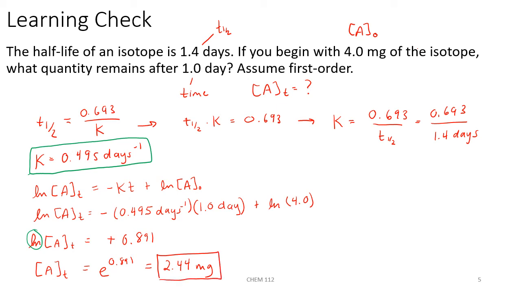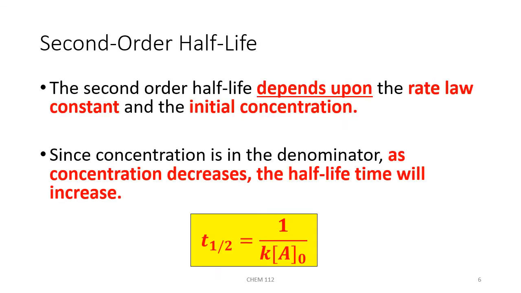So this combines the half-life formula with our first order integrated rate law. We have to use both of them for first order kinetics. We can't use the second order half-life or the second order integrated rate law if we have a first order reaction. There is a different half-life equation if we're dealing with a second order reaction. If we have a second order reaction, we can see that the T1/2 will equal 1 over K times A sub 0, or the original concentration.